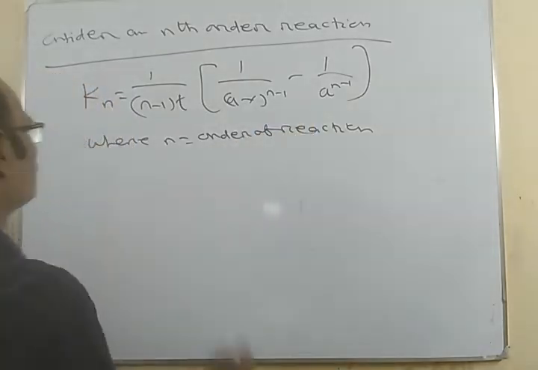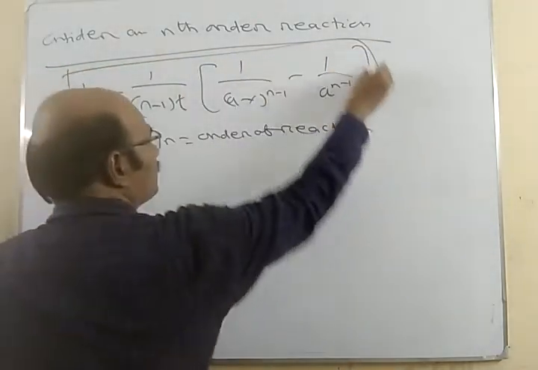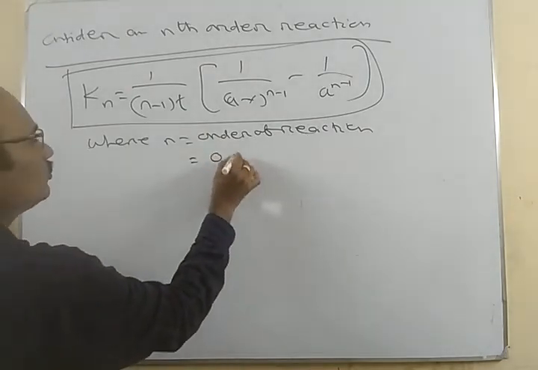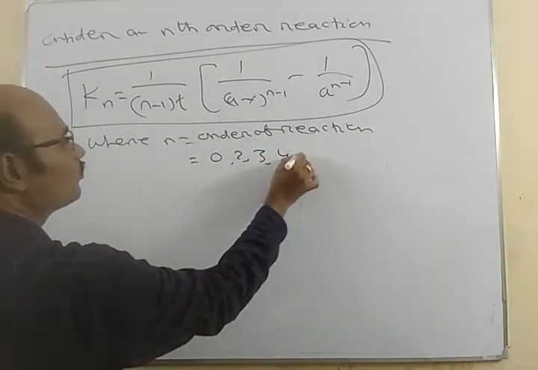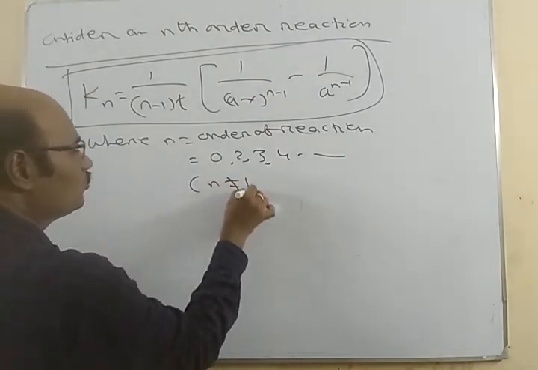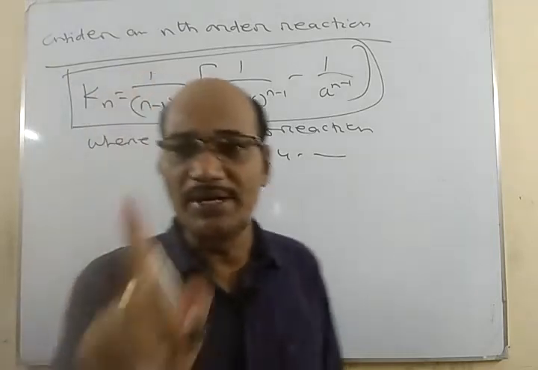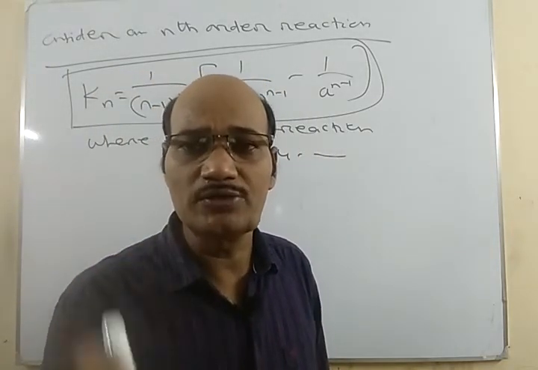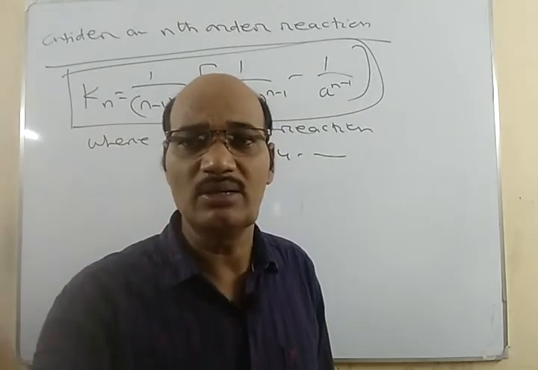This is the formula for the rate constant of an nth order reaction. Remember here n is equal to 0, 2, 3, 4, and so on, or you can say n is not equal to 1. If n is equal to 1, then k equal to 2.303 by t log a by a minus x.